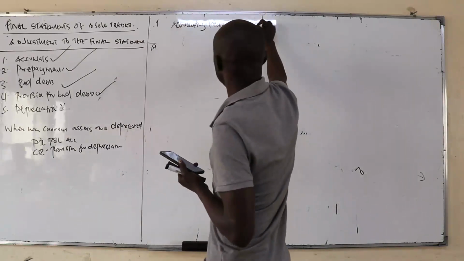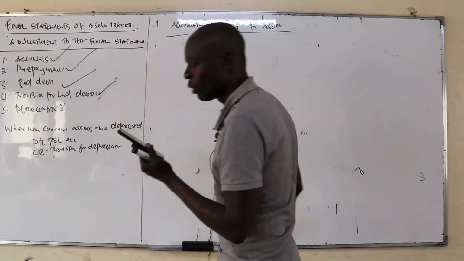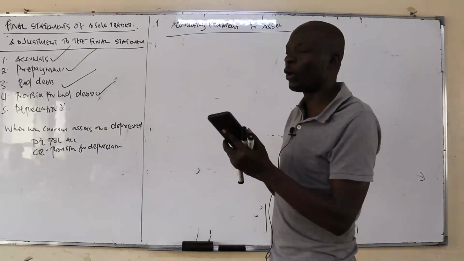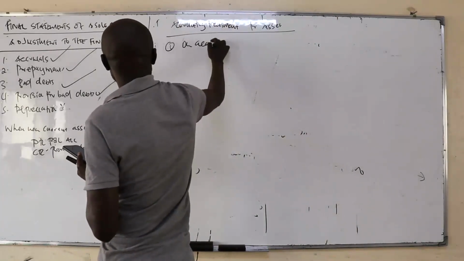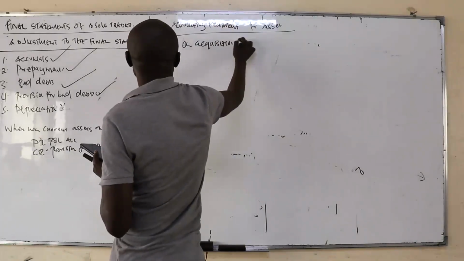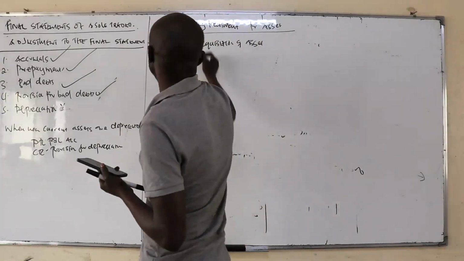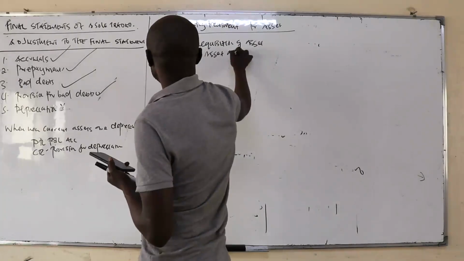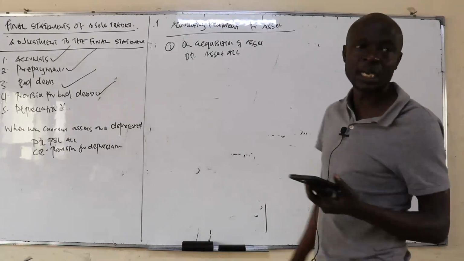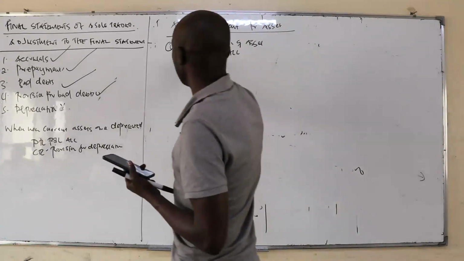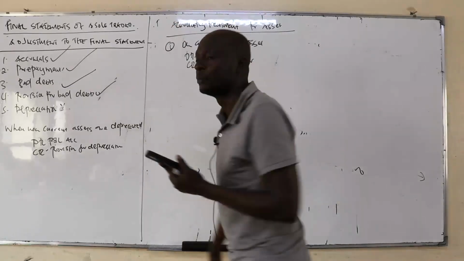On acquisition of assets, when you buy an asset, you debit asset account. An asset can be a motor vehicle, furniture, a machine, or a computer. And then you credit bank, or creditor if you bought it on credit.